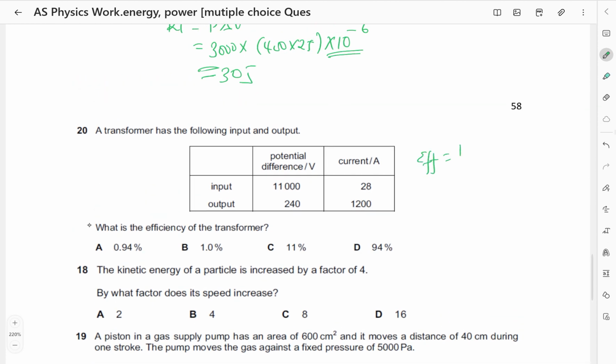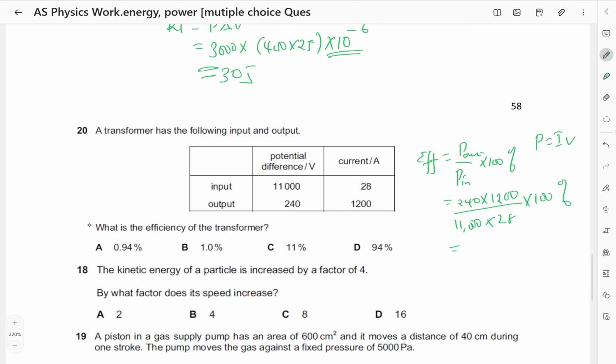Efficiency is equal to P out divided by P in times 100%. And remember, power can be I times V. So power output is going to be 240 times 1,200 divided by 11,000 times 28. Then I will multiply this by 100 to change it to percentage.